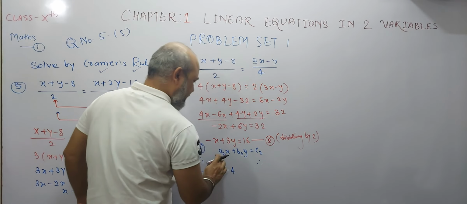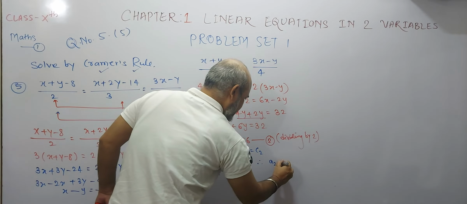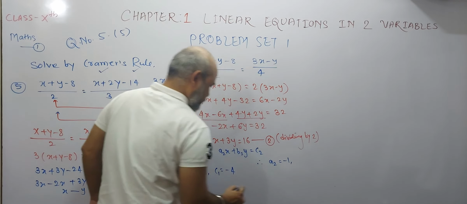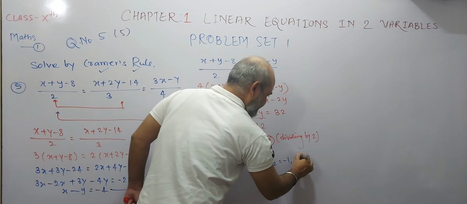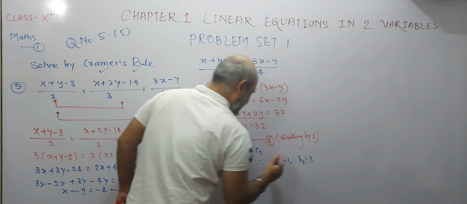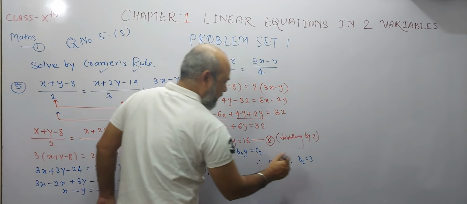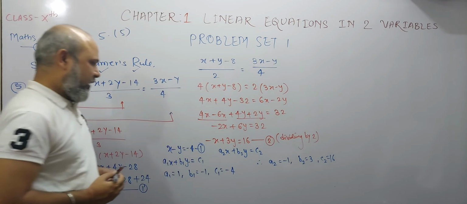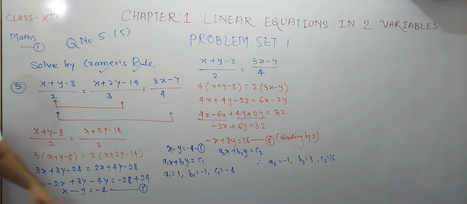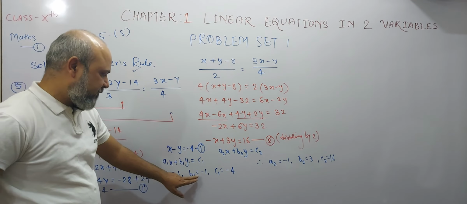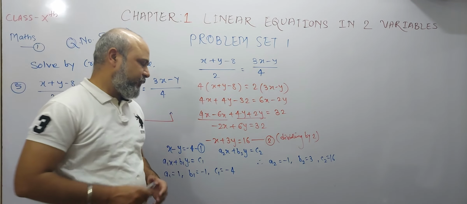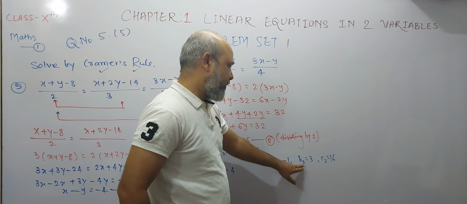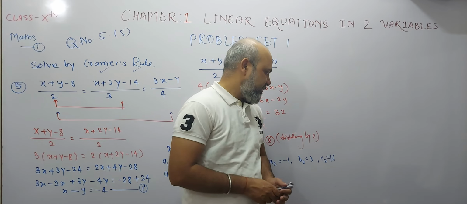Therefore a2 is minus 1, b2 is 3, and c2 is equal to 16. So here you have a1 = 1, b1 = -1, c1 = -4, and a2 = -1, b2 = 3, c2 = 16.